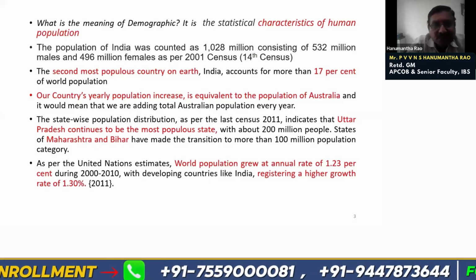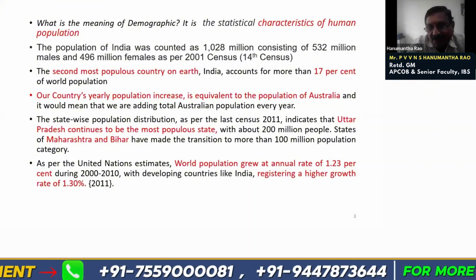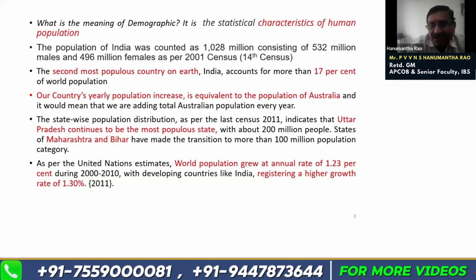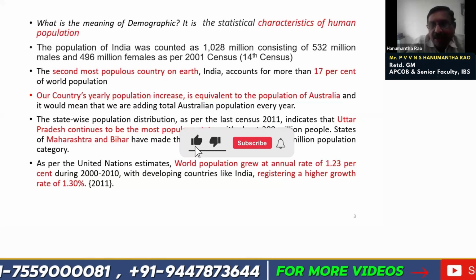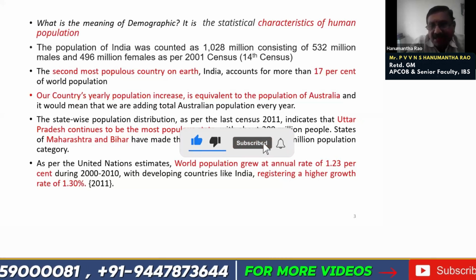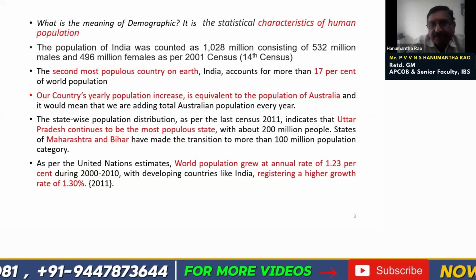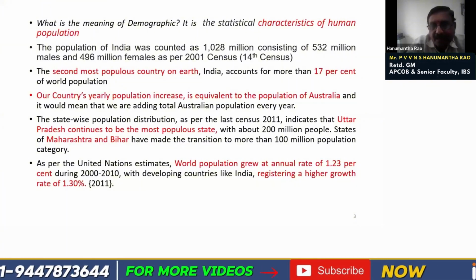Next one is Uttar Pradesh continues to be the most populous state in India. Sometimes in examinations they may ask which state is most populous in India. As per the latest census, that is the 2011 census, Uttar Pradesh, followed by Maharashtra and Bihar.